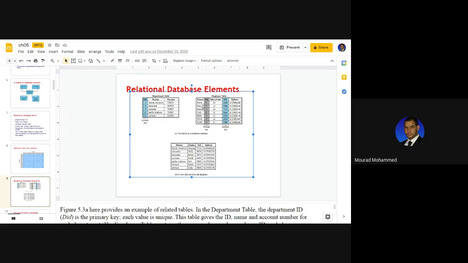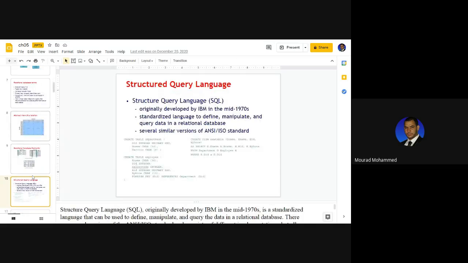So the DID here represents this entity. This is a foreign key. Why? Because originally, in its own table, it is a primary key. And this is due to the relational architecture.